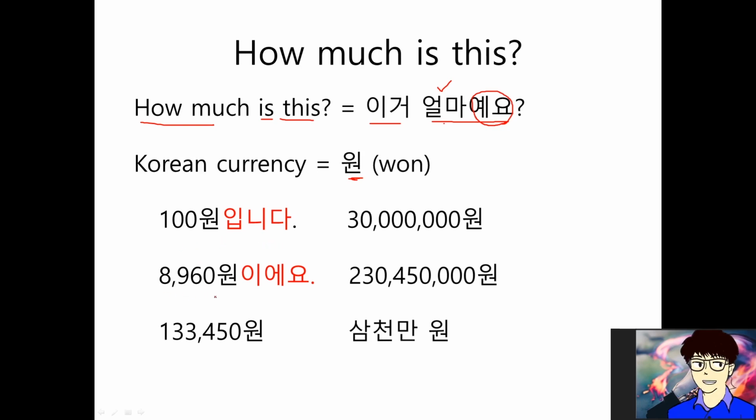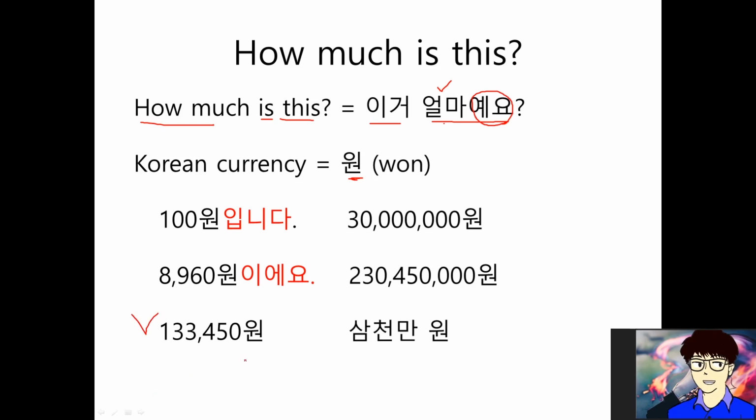And how about this? Can you read this? Good. 8,960원이에요. Great. 입니다 is a more formal way and 이에요 is a little bit casual, but still it is an honorific term. Okay? And let's practice with this.